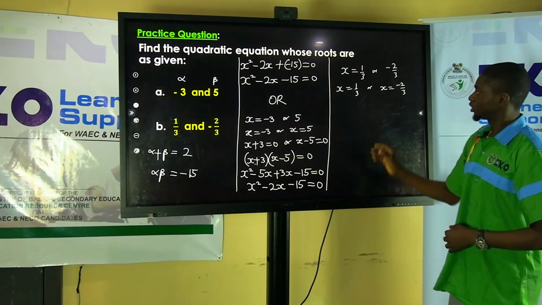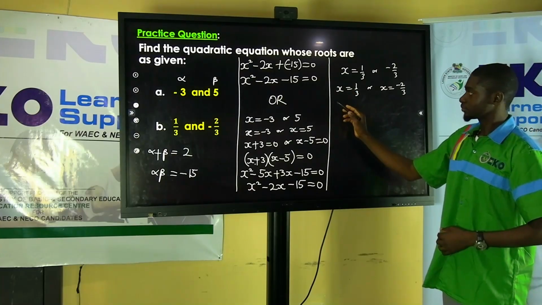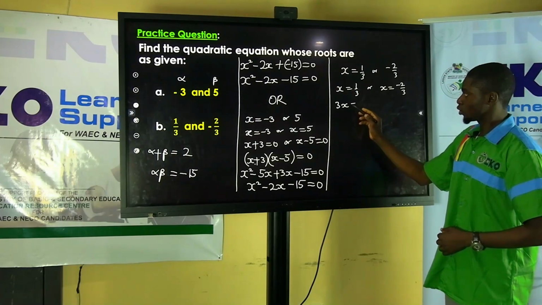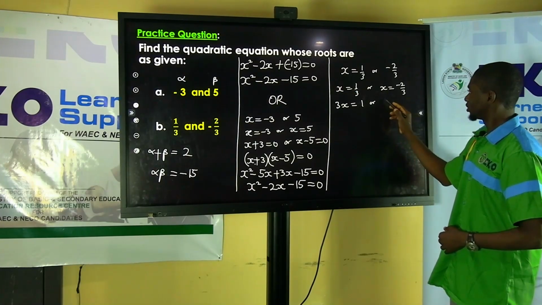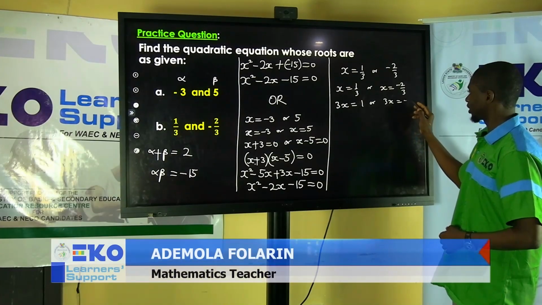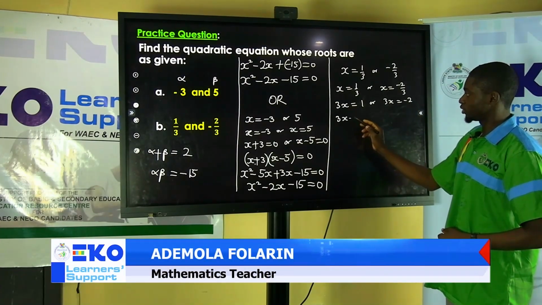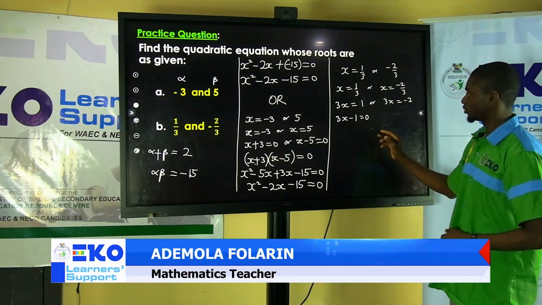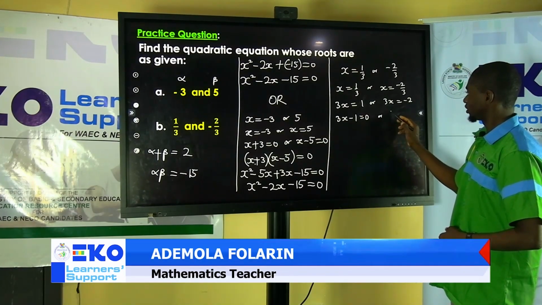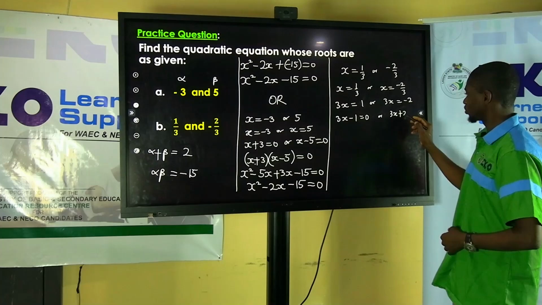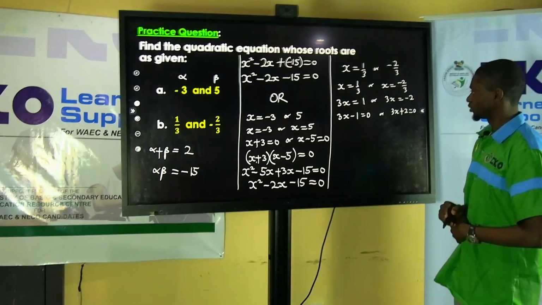Multiply this, cross multiplication, it becomes 3x equals 1 or 3x equals minus 2. So this turns to 3x minus 1 equals 0 or 3x plus 2 equals 0.